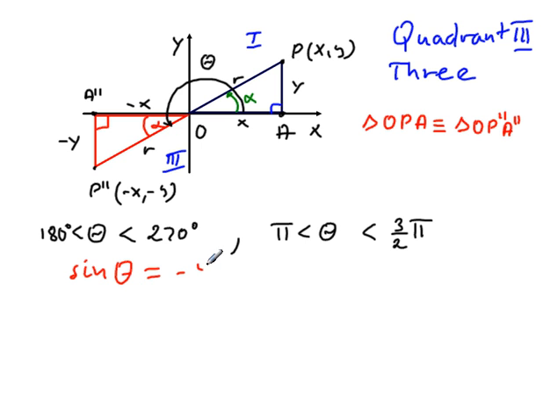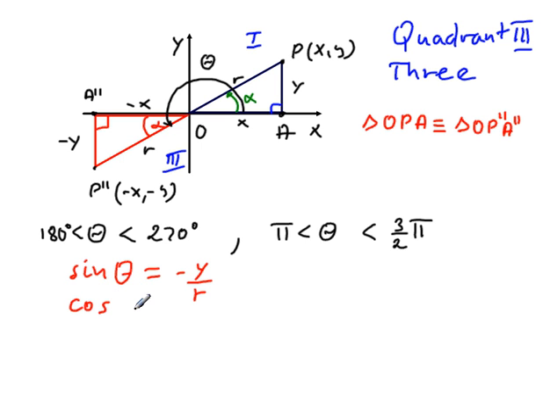Why negative y? Because the coordinate for that vertex P double prime is defined as negative x and negative y. So the distance is considered negative here. So sine ratio is negative now in quadrant number 3.